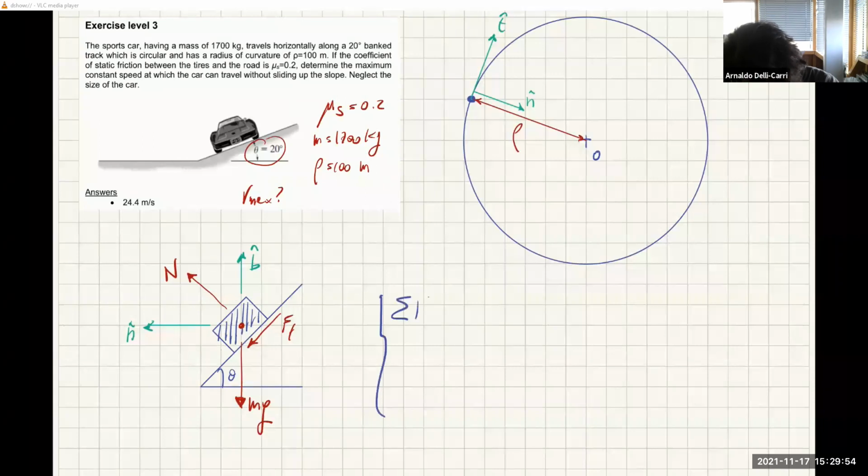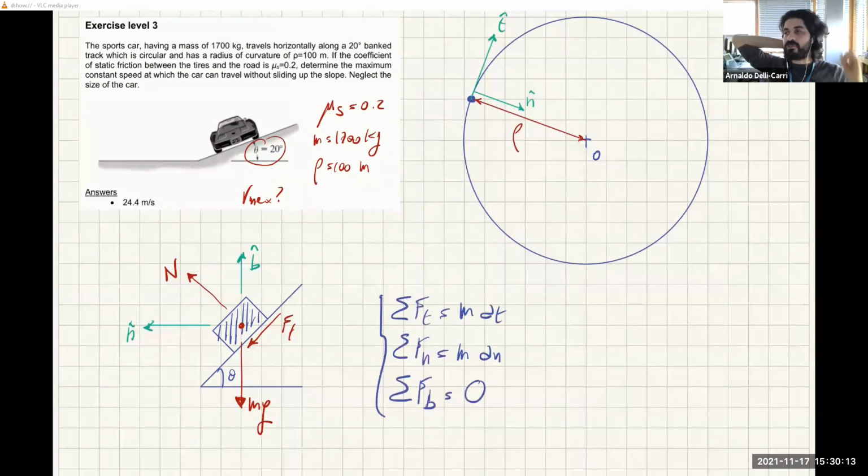Sum of forces along t equals 0. Sum of forces along n equal, sorry, not 0, is m times acceleration of t. This is m times acceleration of n, and this is sum of forces along b. Since it's not leaving the track, there is no acceleration outside of the plane of the track, Tn.